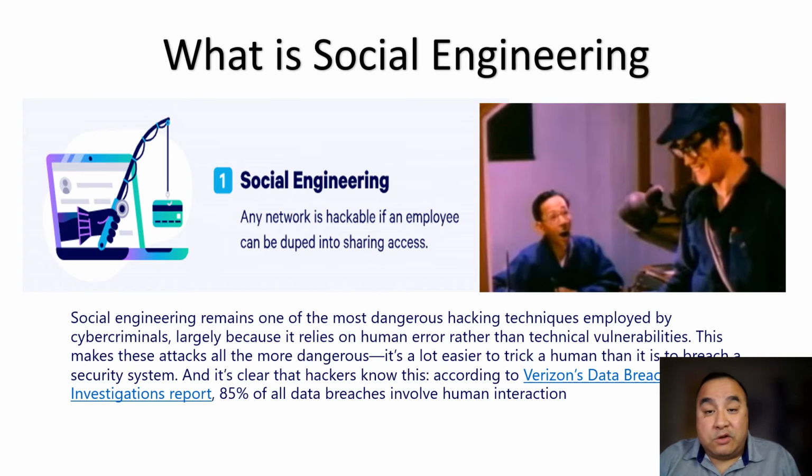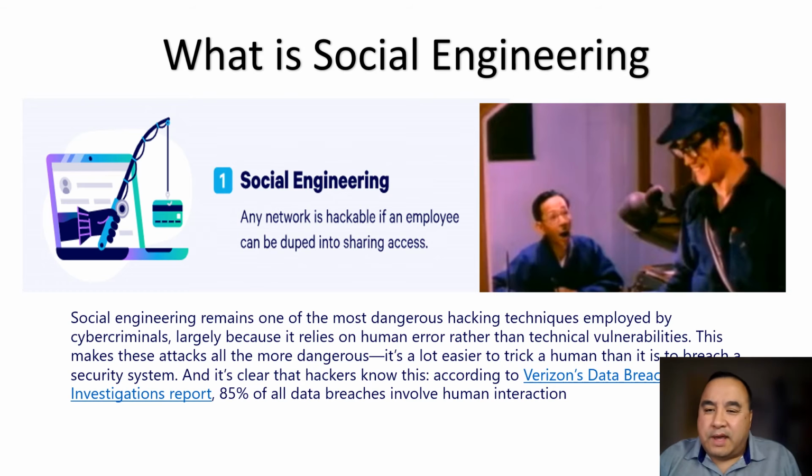So that's the social engineering technique that most hackers use, and they're very low on the scale. But it's so easy to trick humans, and then to breach the security system with those types of methods.